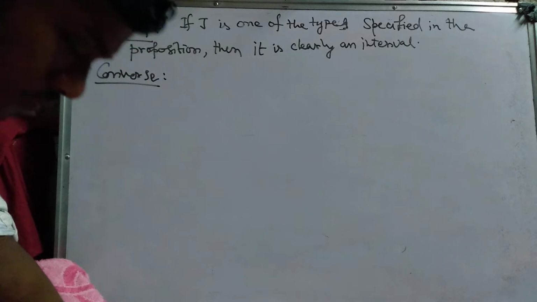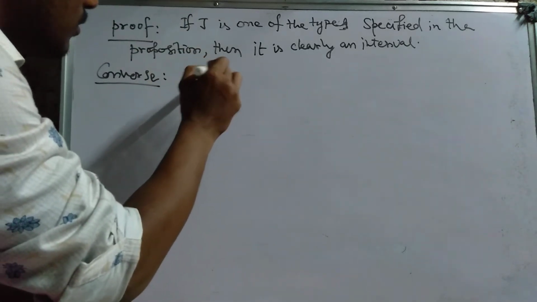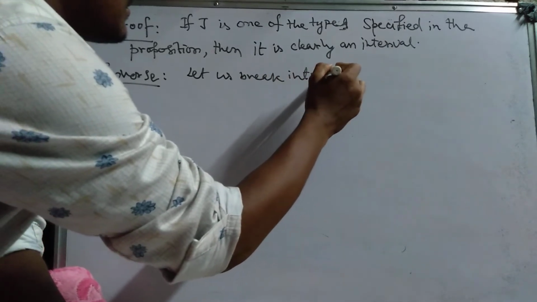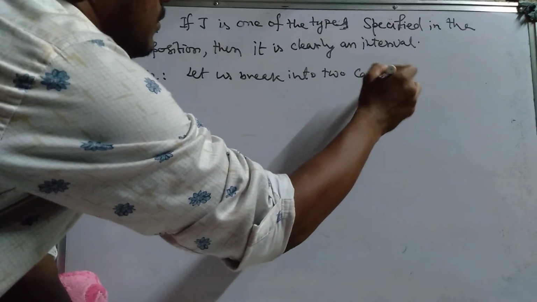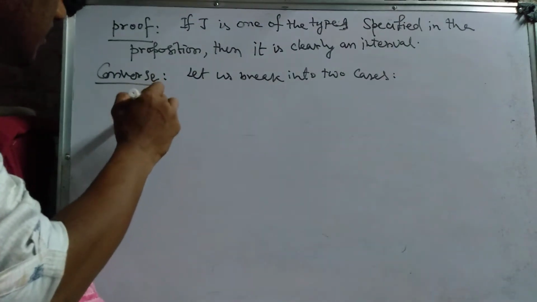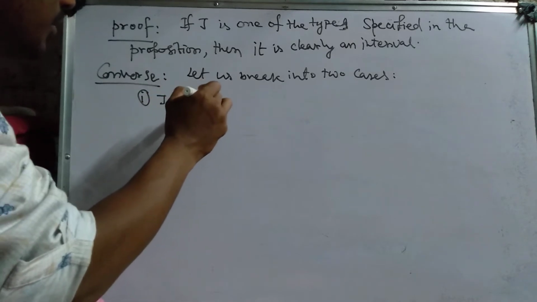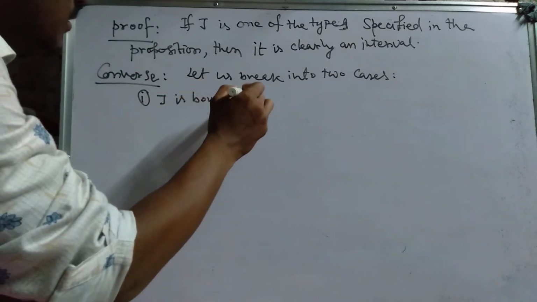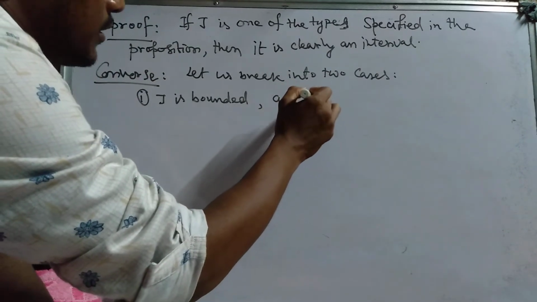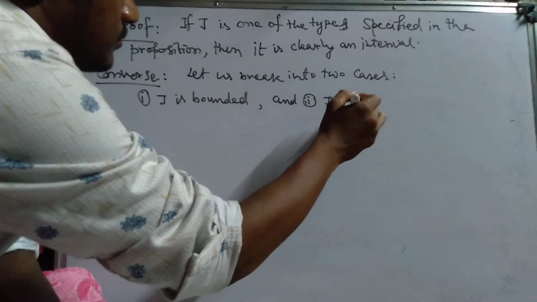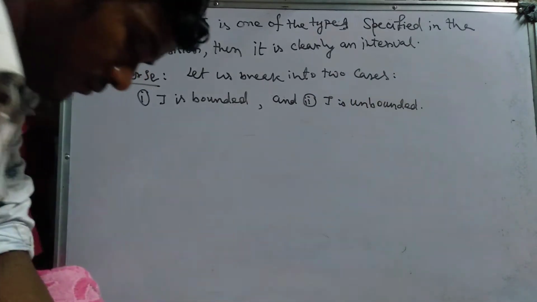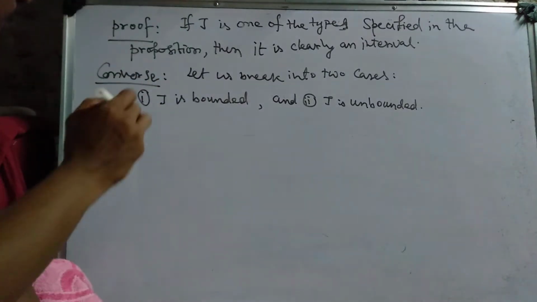Let us break into two cases. First one is J is bounded, and the second one is J is unbounded. Case 1.